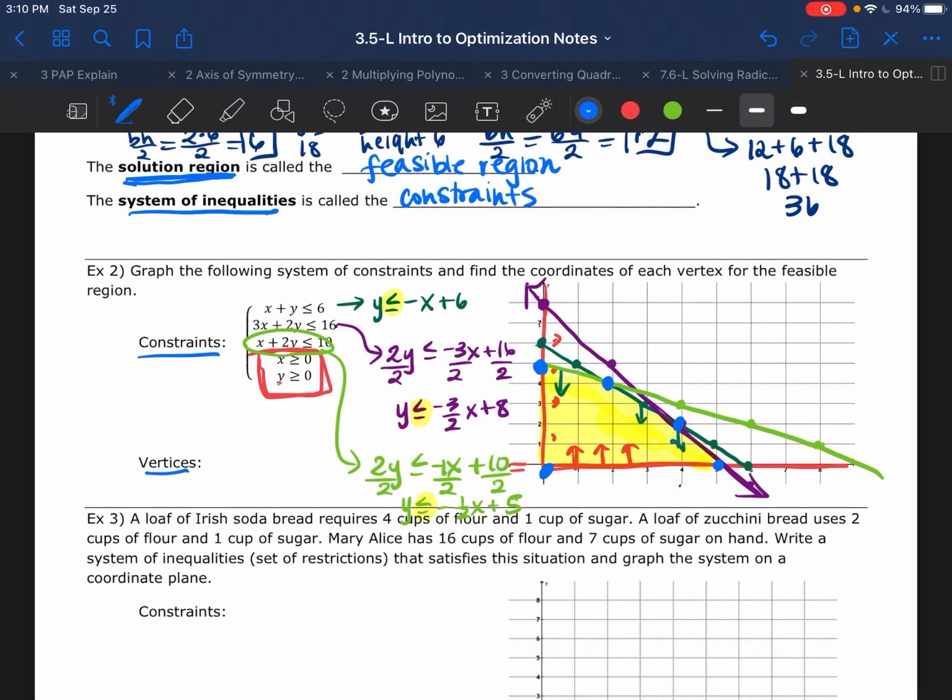So let me see if I can outline it, because I don't know if I have the right vertices. So we have this, this, this, this, and this that make up our shaded region.